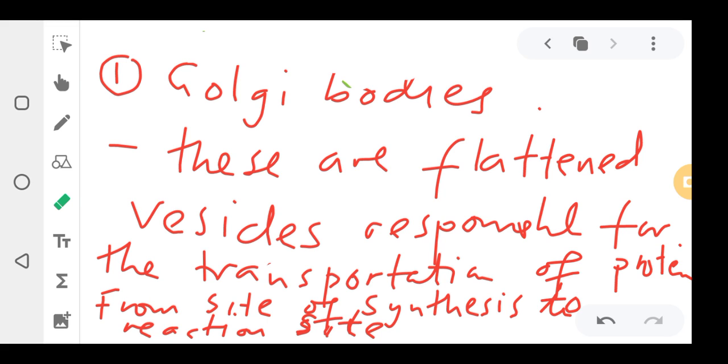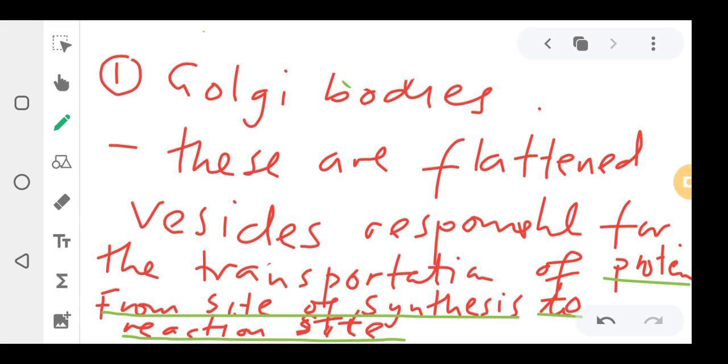So these are flattened vesicles responsible for the transportation of proteins from the site of synthesis to the reaction site down there. I haven't cancelled it, I'm just showing you because there's no space there.